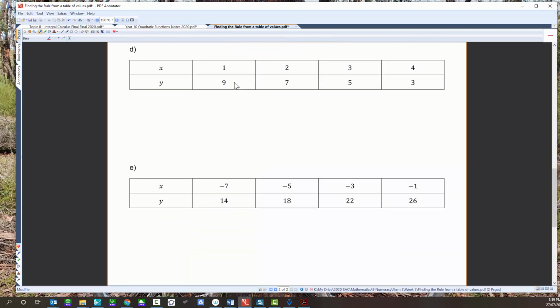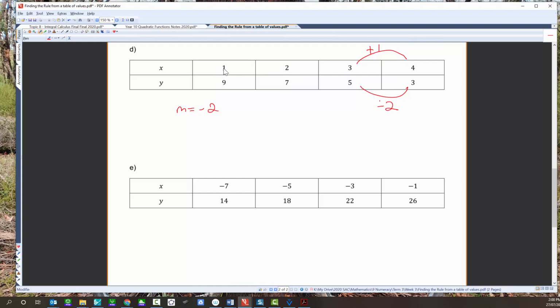Okay, over here, what we're going to do is find a situation where the x values increase by 1. So let's go from 3 to 4. That's plus 1. Let's look at what happens here. It goes down by 2. That means our gradient is negative 2. Now our y-intercept occurs when x is equal to 0, and the problem is that we don't have an entry for that in the table of values.